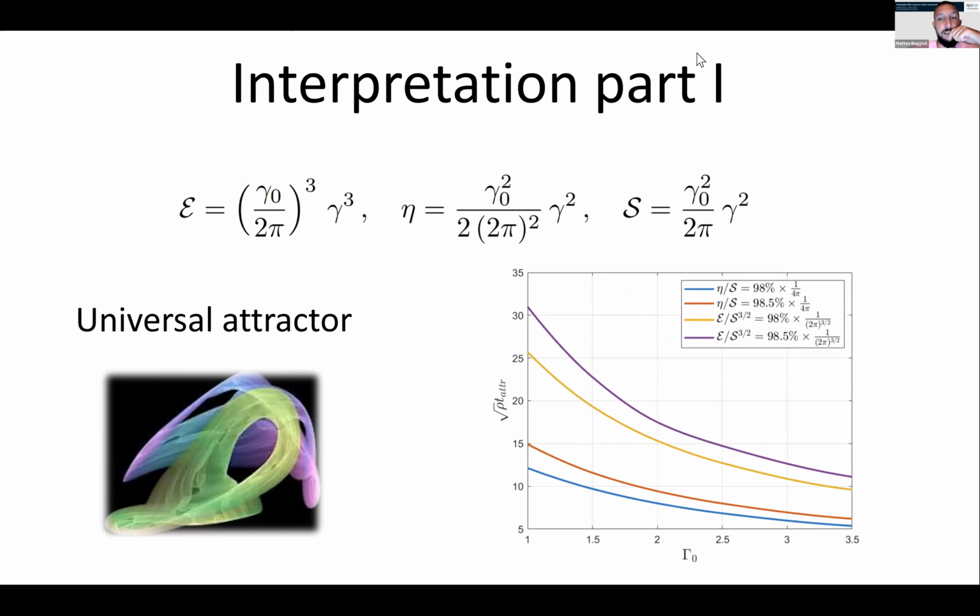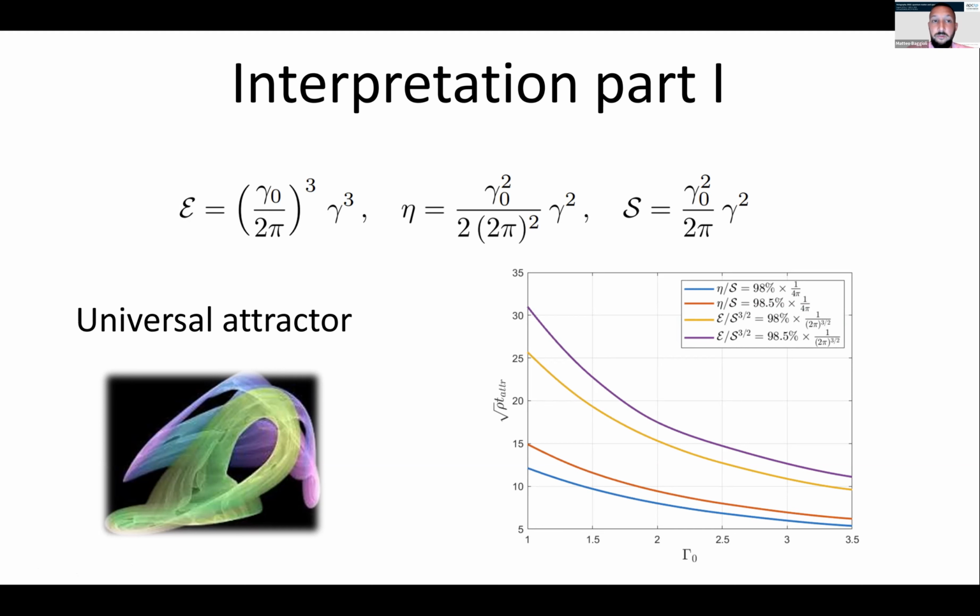And indeed, we found an expression for the universal attractor. This is basically the structure that reproduces exactly the behavior that we see with the numerics. All these expressions are highly nonlinear, but when you take the appropriate ratios, most of the things cancel, and you find again the standard results.